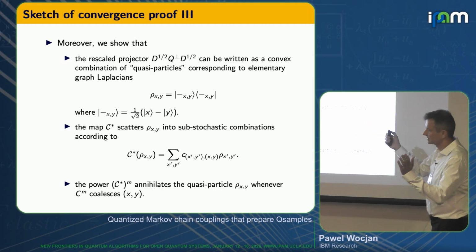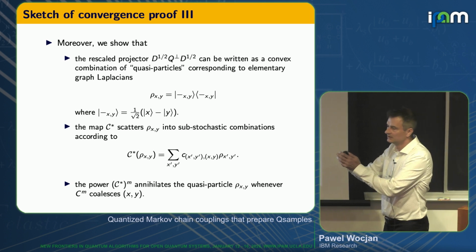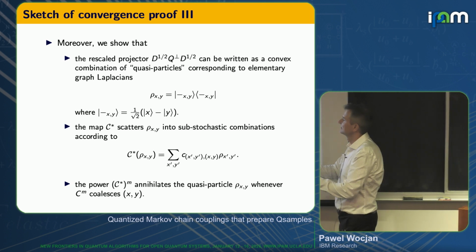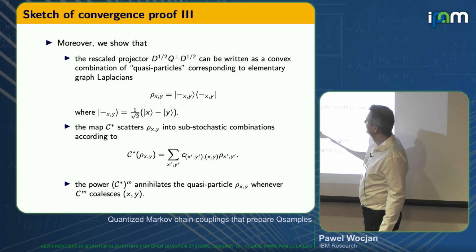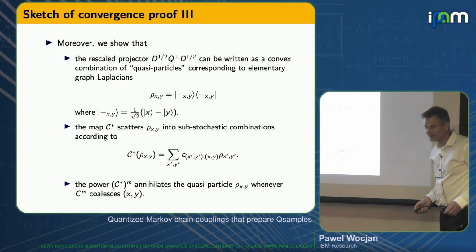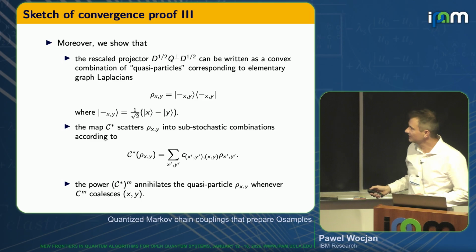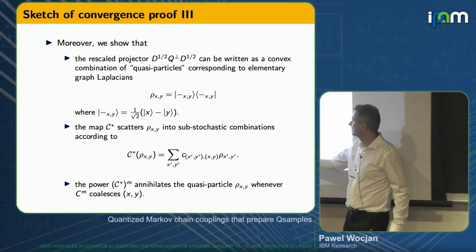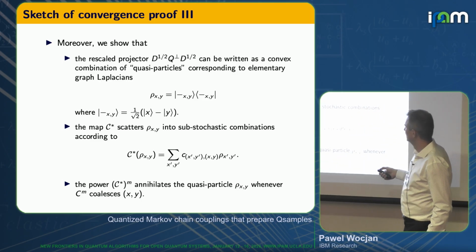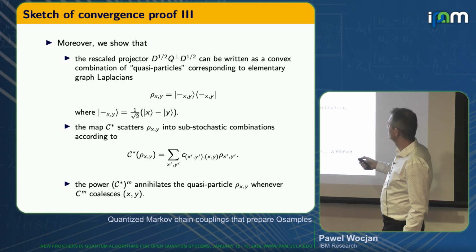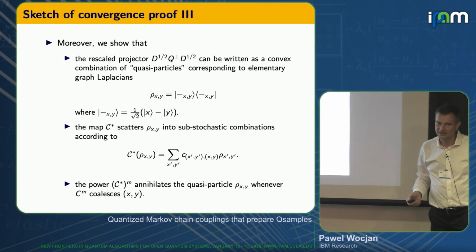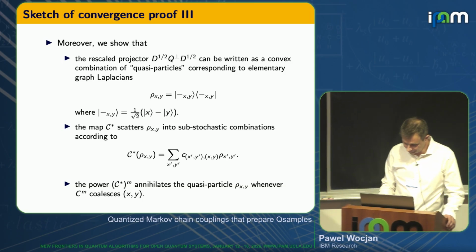Whenever x and y become equal, this elementary graph Laplacian just disappears. So C star acts on these elementary graph Laplacians as a substochastic matrix.